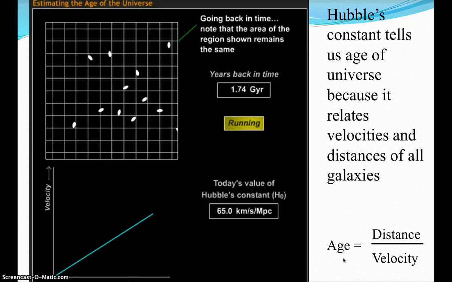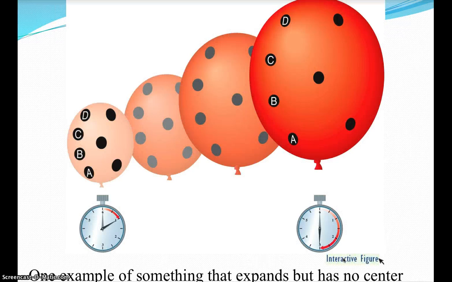And so again, 1 over the Hubble constant is how we could find the age of the universe, which turns out to be somewhere between 13 and 15 billion years.